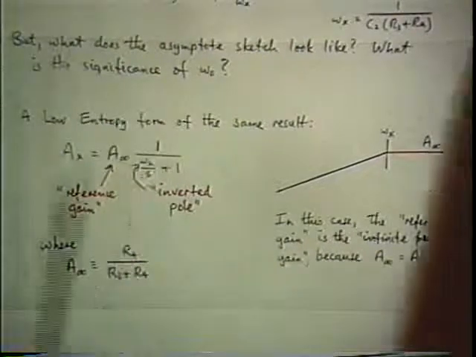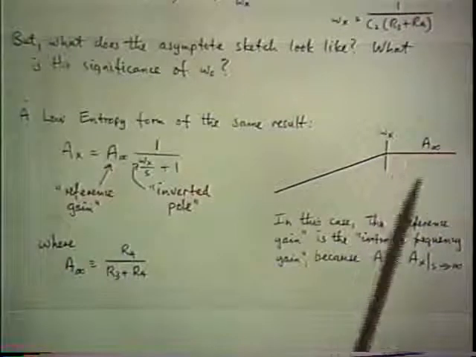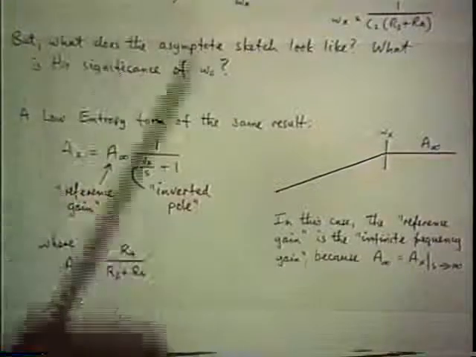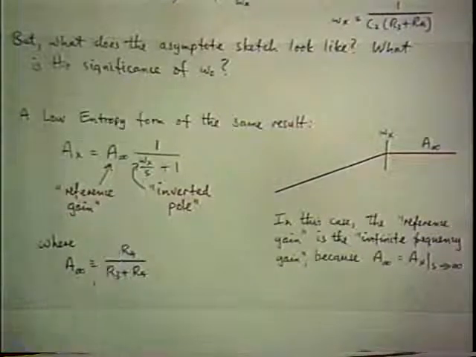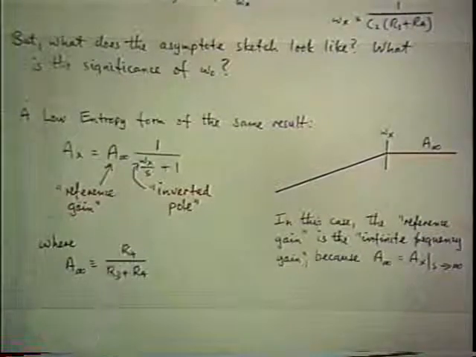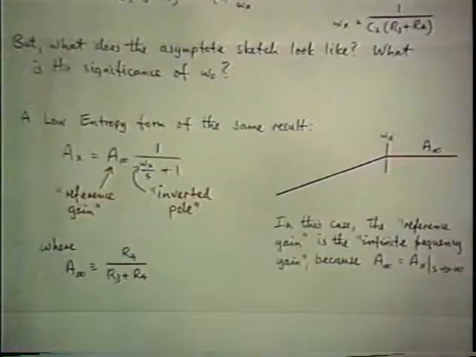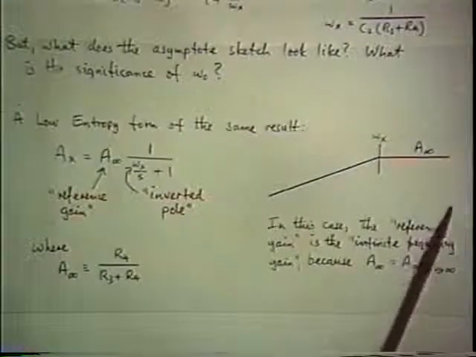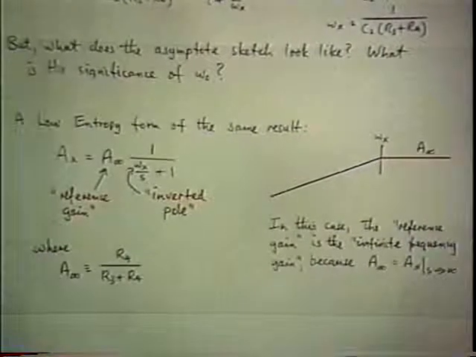So there are still two parameters that describe this shape of the asymptotes. And you see, it is just a horizontal reversal of the previous sketch. But notice the equation is also symmetrical. And the only difference compared to the previous case is that the S term itself is upside down. That corresponds one-to-one to reversing the direction of the frequency axis in the sketch, or making a horizontal reversal of the complete picture.